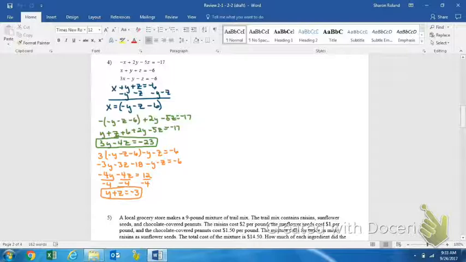On that one, I'm moving it up here. Y plus z equals negative 3. I'm going to solve for y by subtracting z from both sides. And you have y equals negative z minus 3.